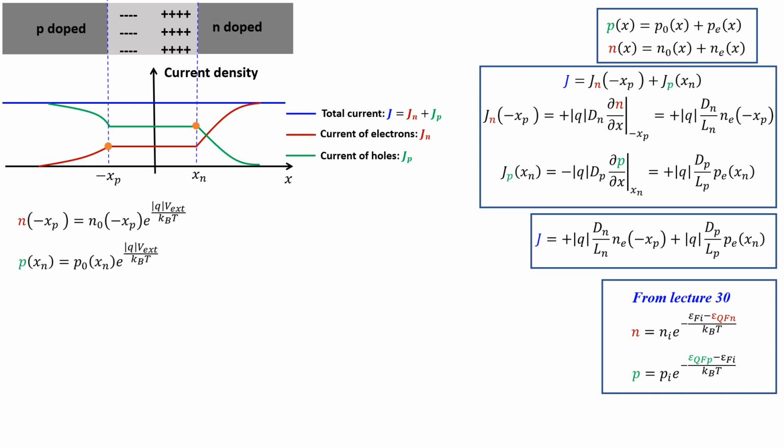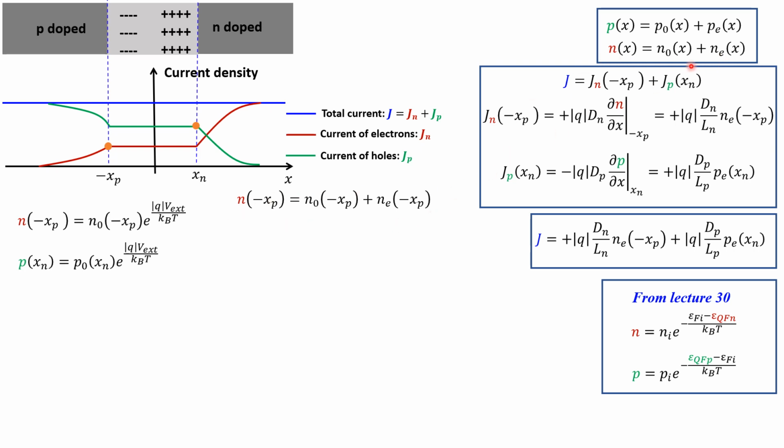Now we also store this equation here, clean the screen, and focus attention on obtaining the concentrations of excess charge carriers. Beginning with free electrons, we know that the total concentration is the sum of the concentration in equilibrium and the excess concentration.